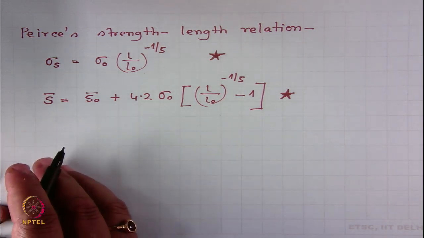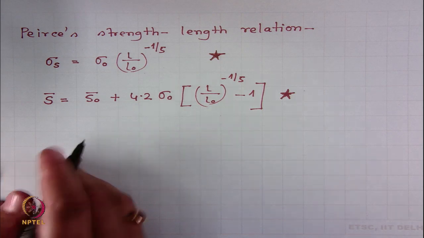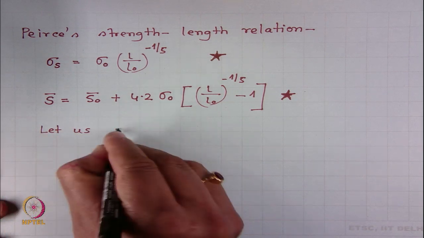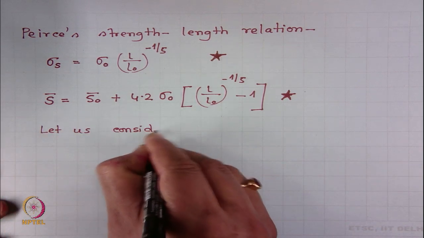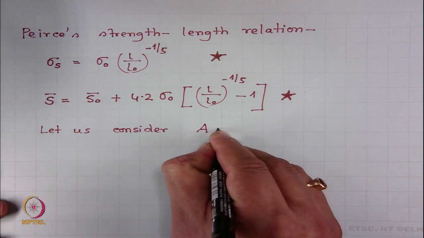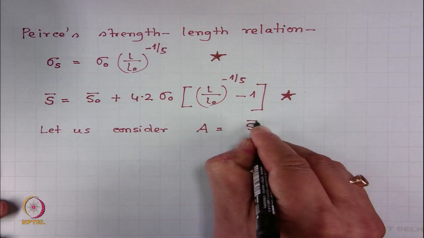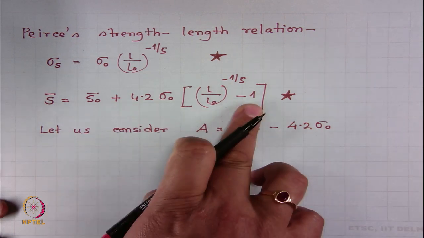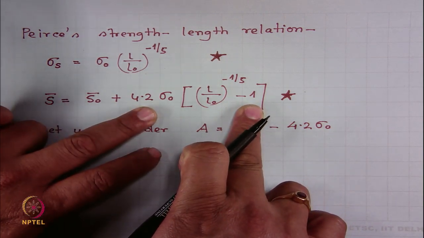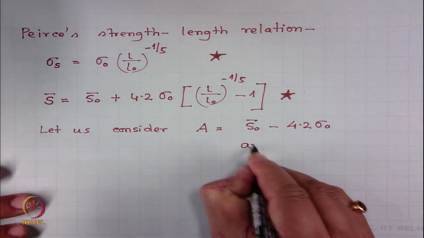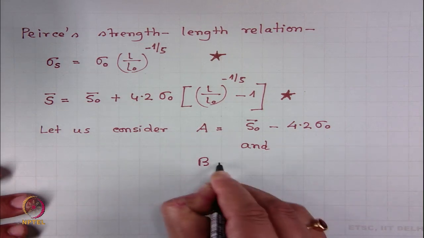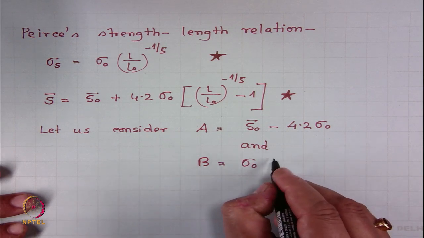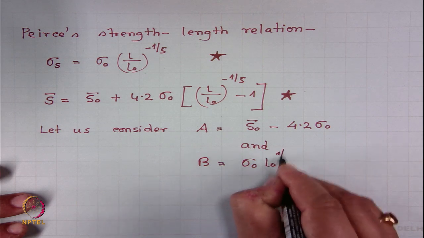In some books and research papers, you will find that, let us consider A is equal to S naught minus 4.2 sigma naught, basically 4.2 sigma naught minus 1, and B is equal to sigma naught into L naught to the power 1 by 5.